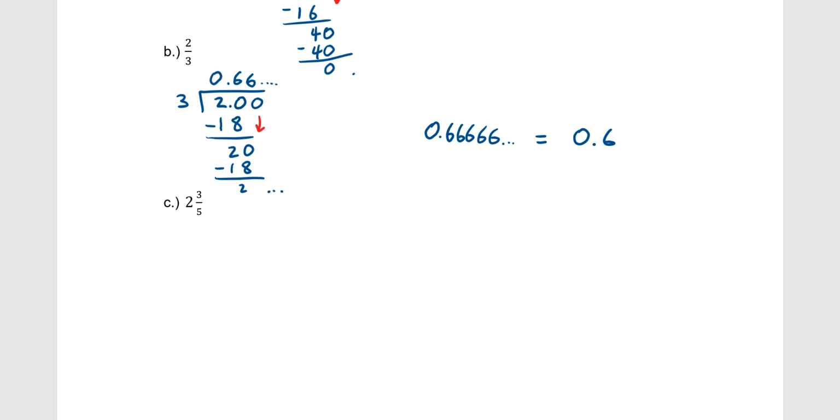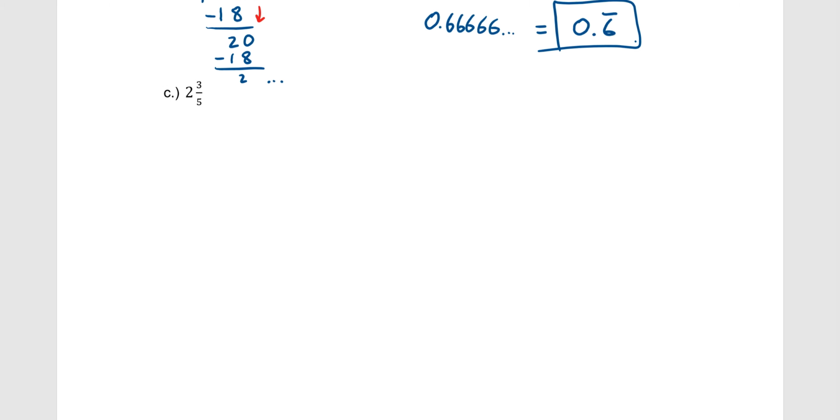So this is the same as 0.6 with a bar over it, which means 0.6 repeating. So this is not an irrational number. This is a rational number. It goes on forever, but since it repeats, that does mean that it's rational. Okay, so that's just some shorthand for that one.